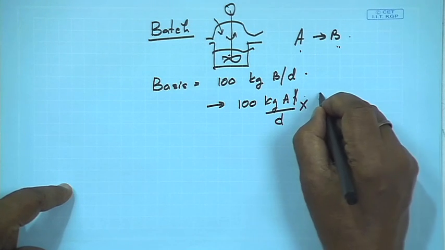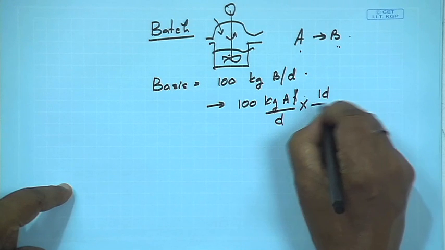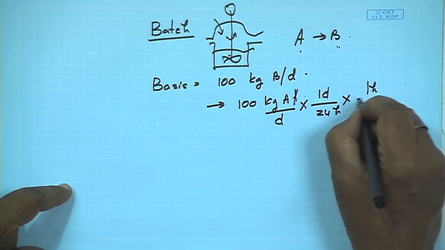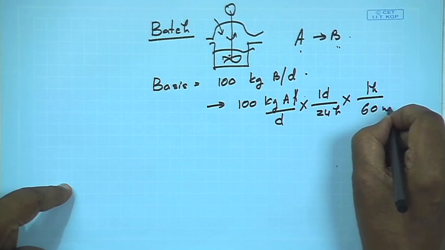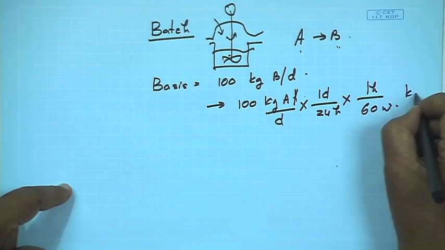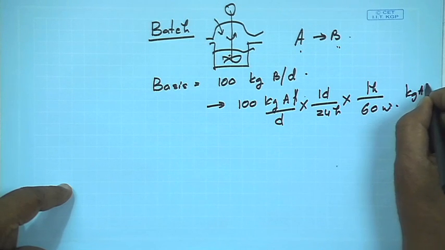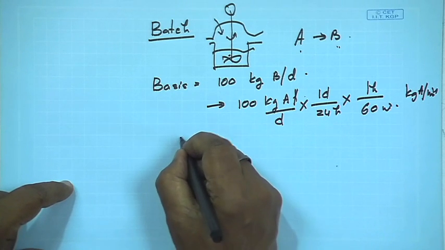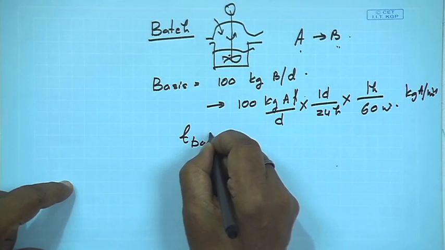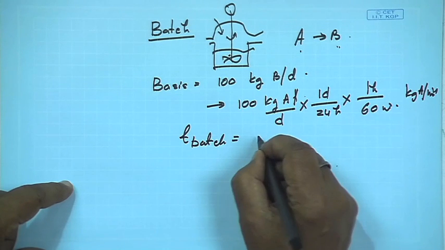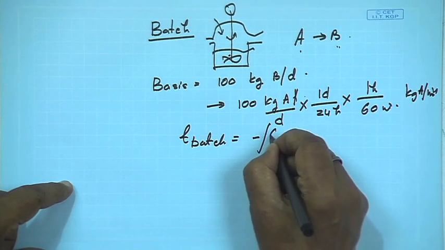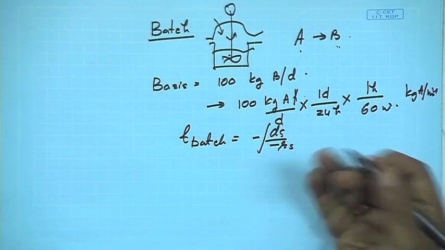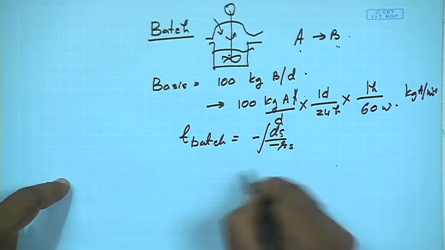Again you can convert, 1 day equal to 24 hours and 1 hour equal to 60 minutes. So, you can easily calculate kg of substrate required per minute. Now, T batch you can find out from the same equation that we have, minus ds over minus rs. If you have a conversion, then you have to calculate this value.